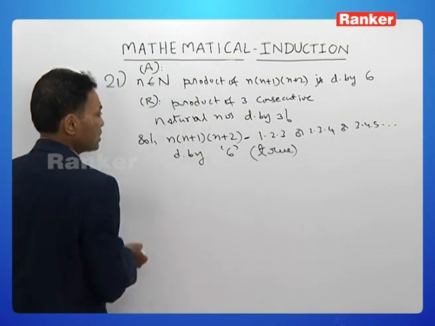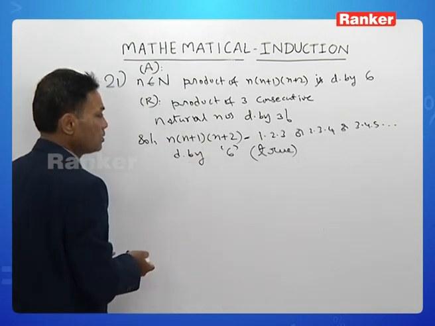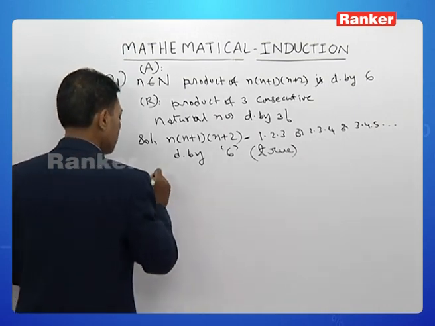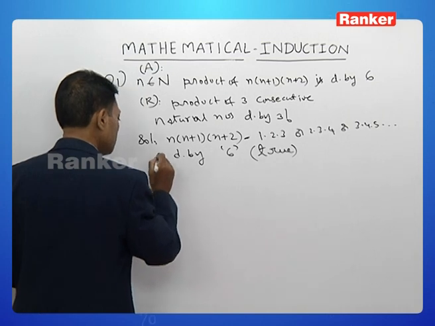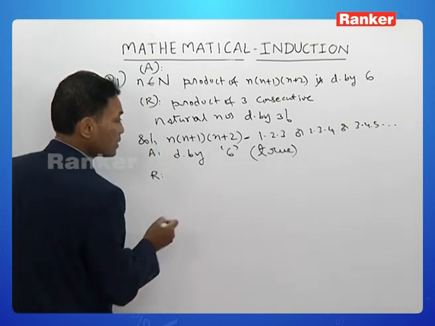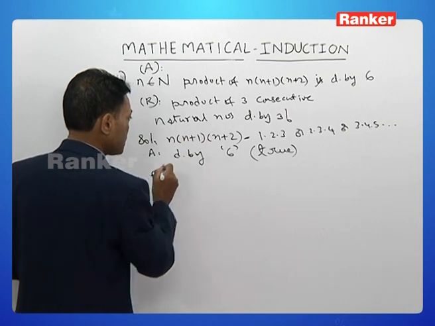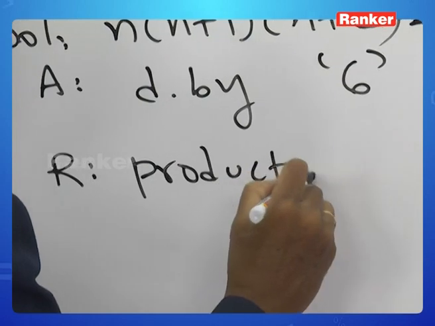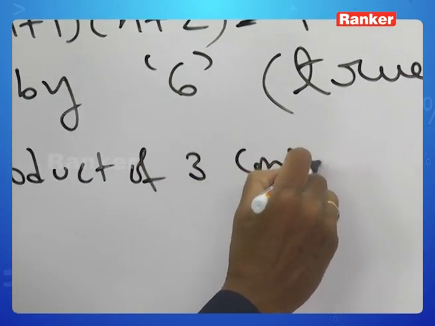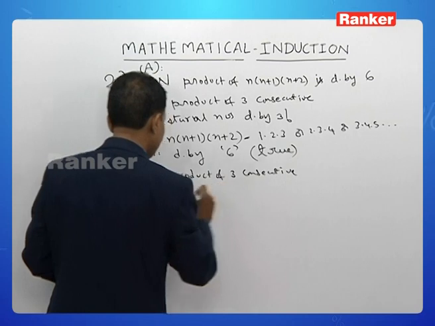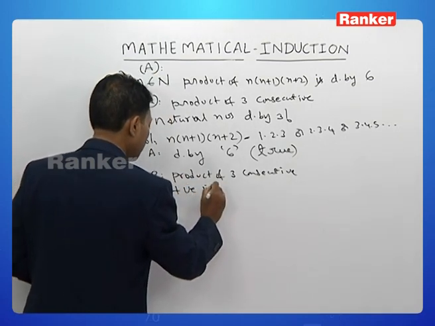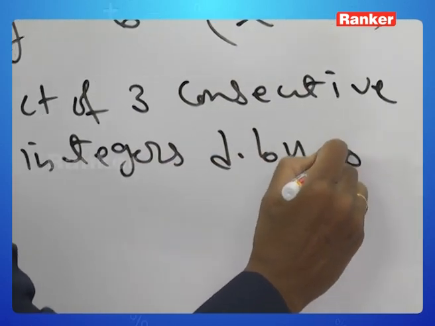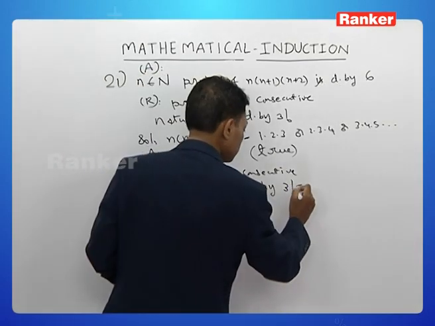And the second statement: the product of 3 consecutive natural numbers is always divisible by 3 factorial. 3 factorial is nothing but 6 only. Same as the first statement, this is A. Now, the reason: consecutive natural numbers, same thing again. The product of 3 consecutive positive integers or natural numbers is divisible by 3 factorial, nothing but 6 only.